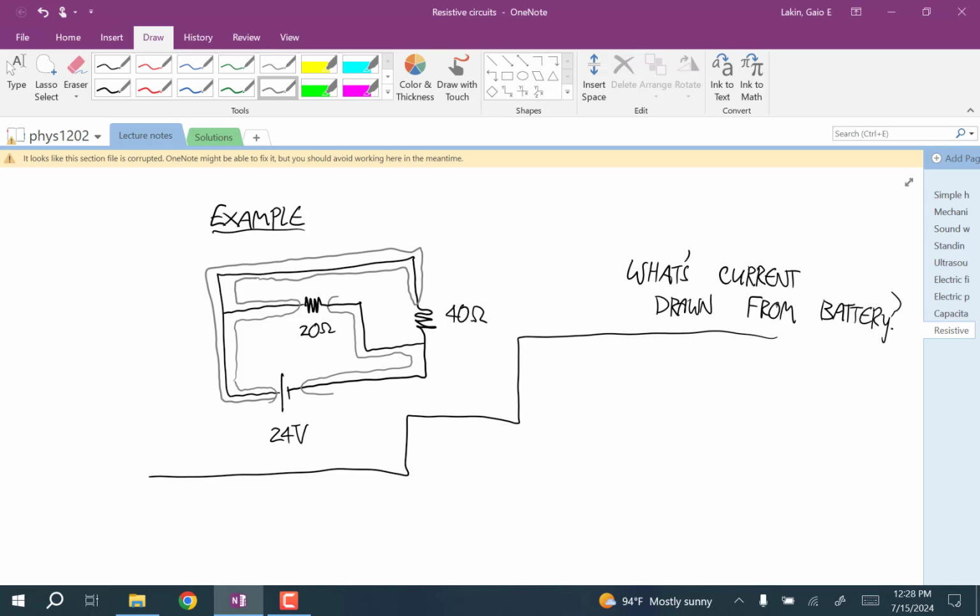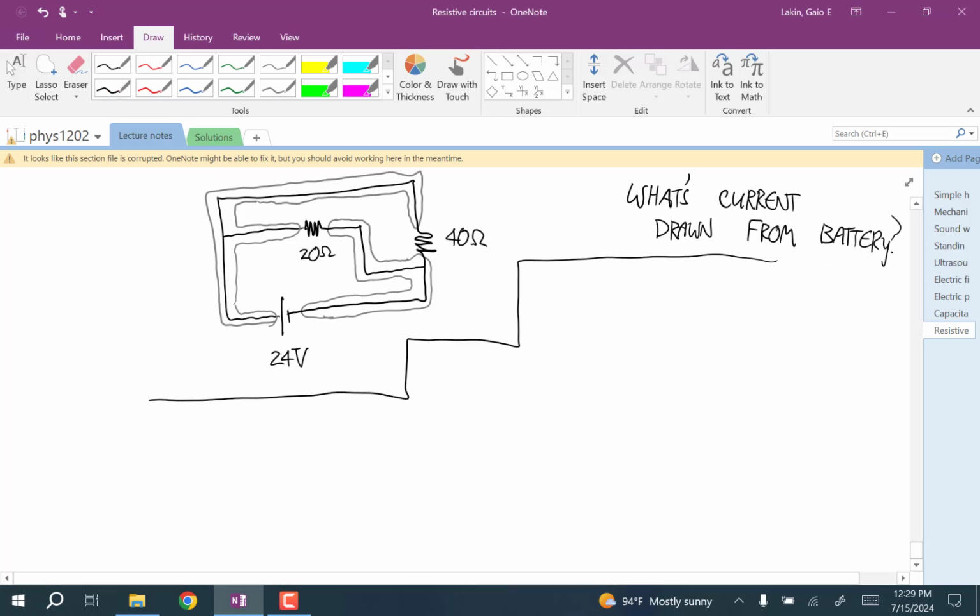The other node is here. The left of the 20 ohm and the top of the 40 ohm share one node, and the right of the 20 ohm and the bottom of the 40 ohm share another node. So even though they don't look parallel the way you think of parallel, these are parallel resistors.